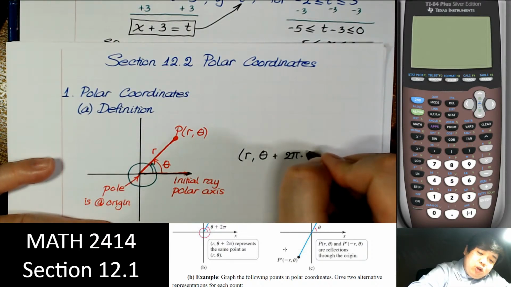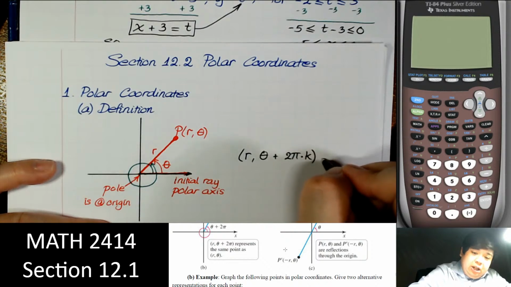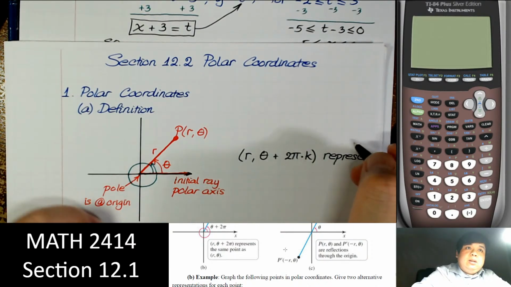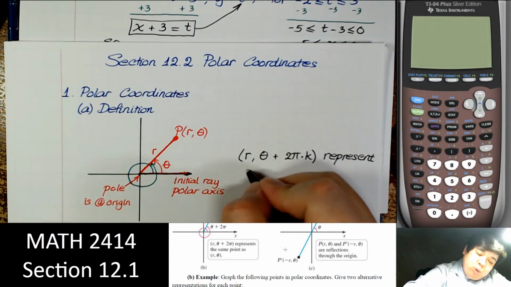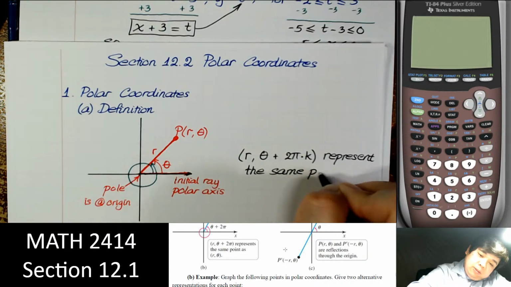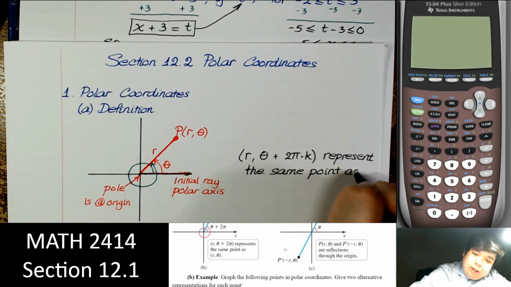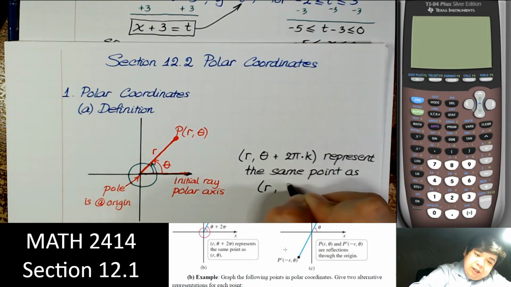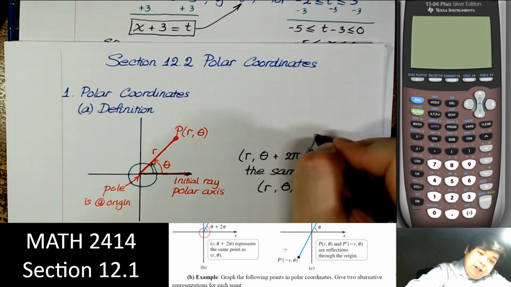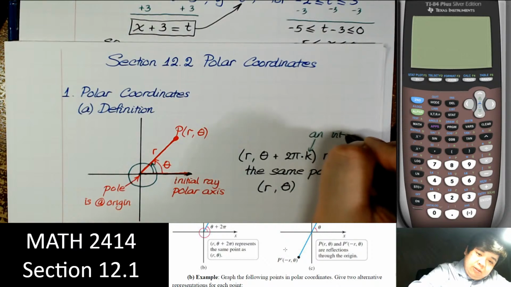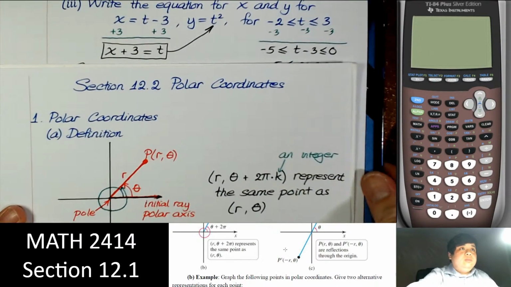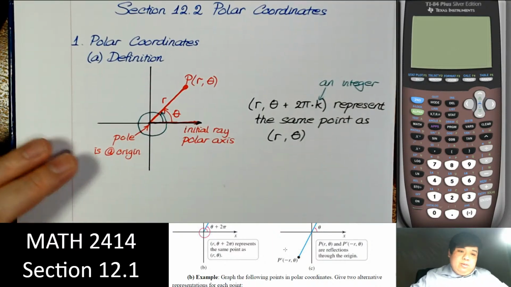Actually, not only that, we can multiply any k to it, and it represents the same point as r and theta. k is an integer.